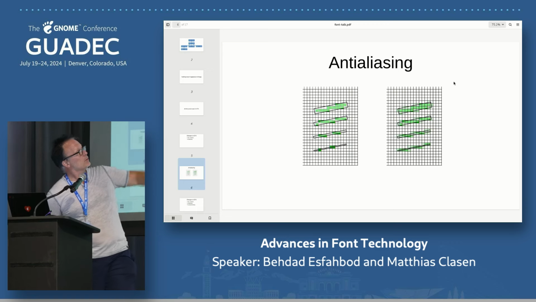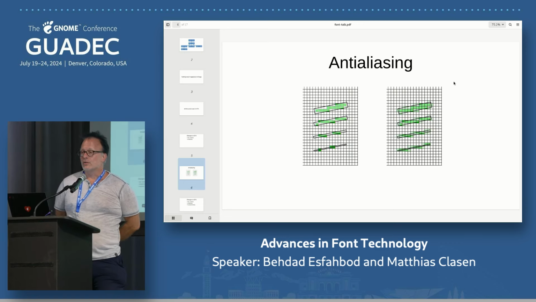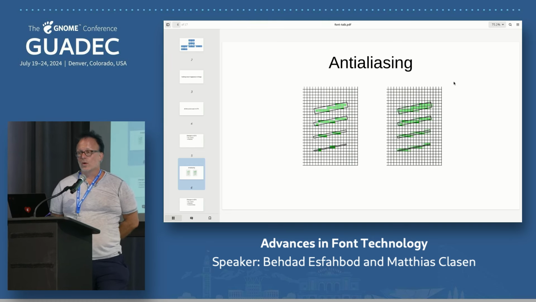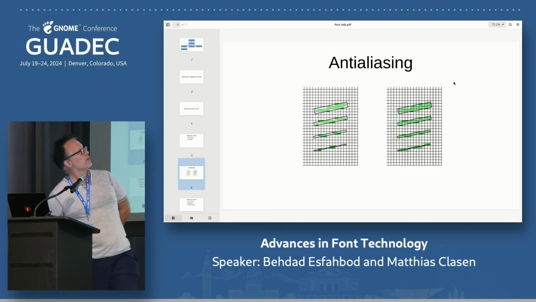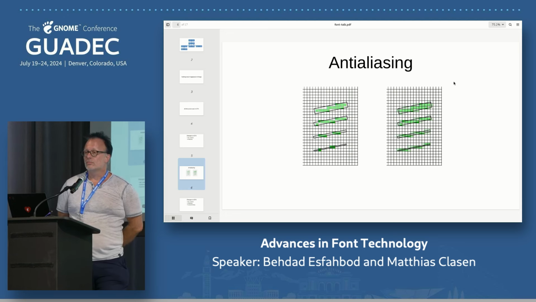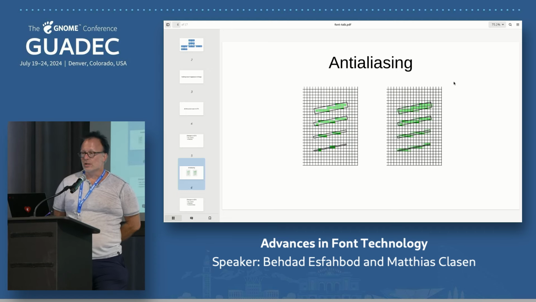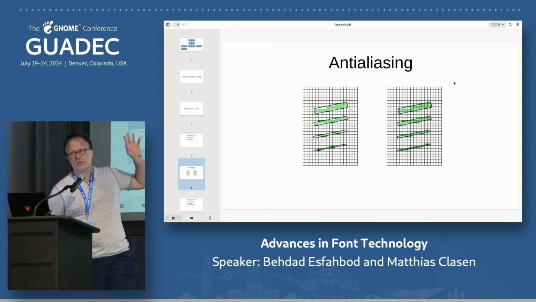On the left here, you can see what a very simple-minded renderer would do when given various shapes to render. We just sample the pixels, and the pixels where the shape happens to, say, cover the center of the pixel, they get colored in, and the others don't, which works okay as long as the shape is larger than the size of the pixel grid.